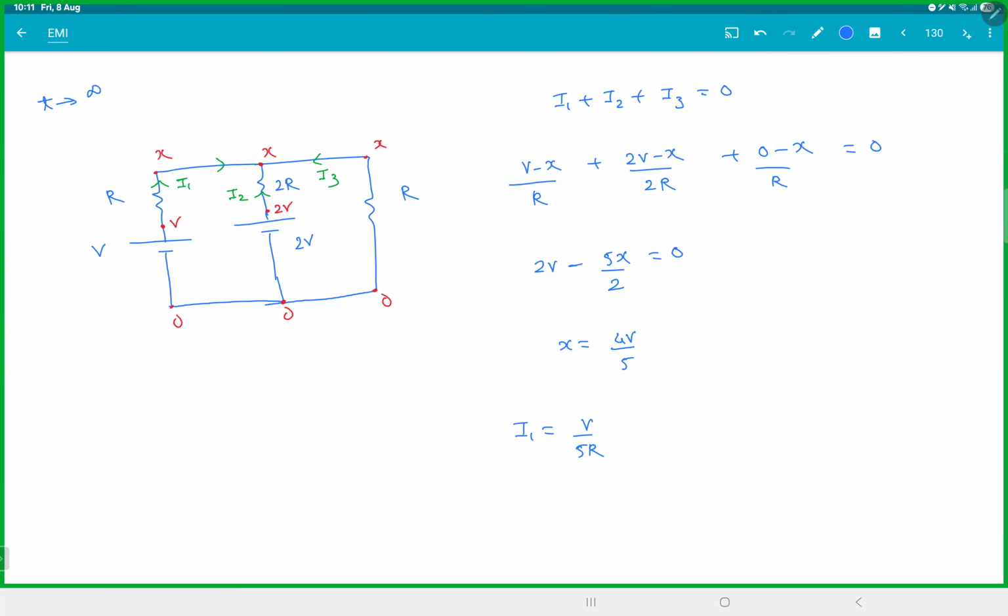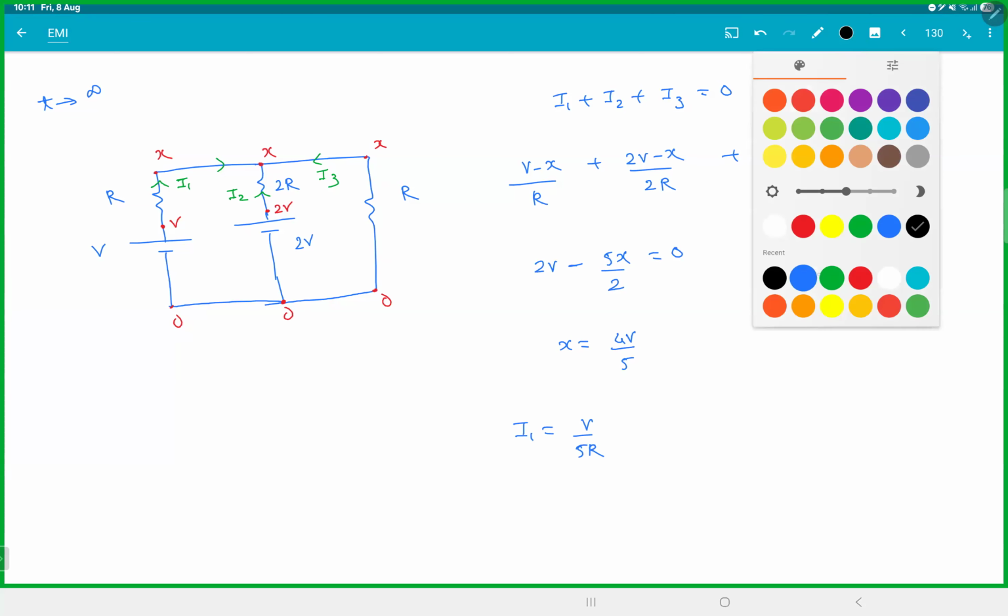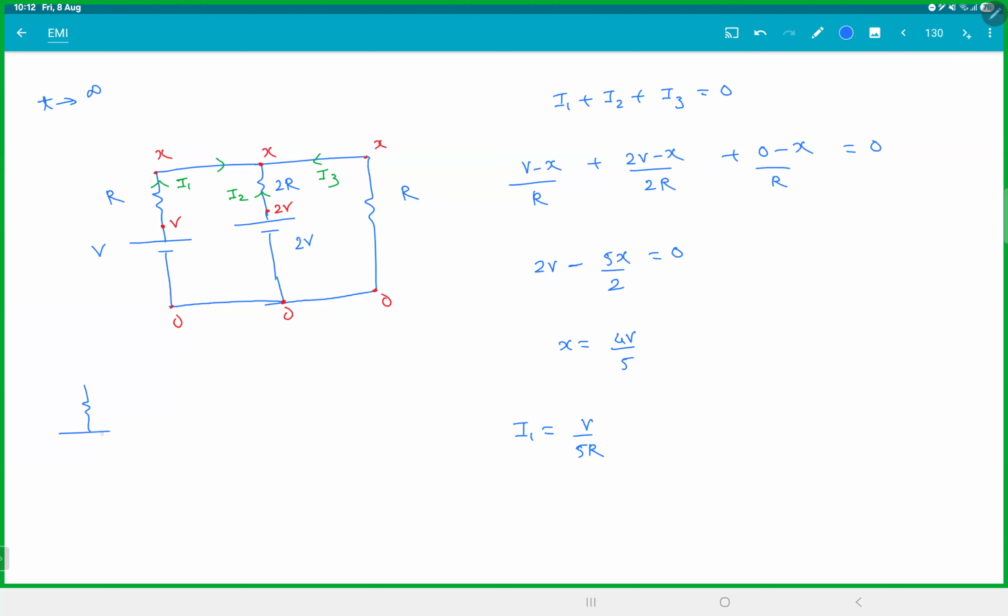That's your I1. In case you don't like this, you want to use Kirchhoff's loop law. I actually have one more idea. I will tell you that. Let's take this current as I. This will be small I, and this will be I minus i.